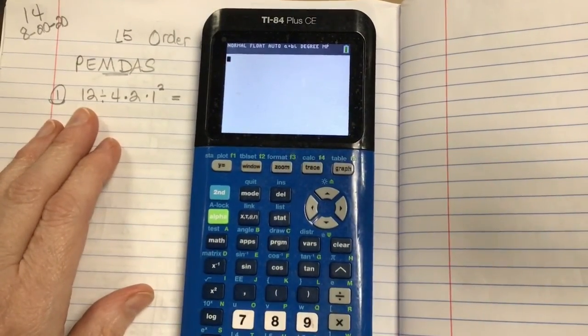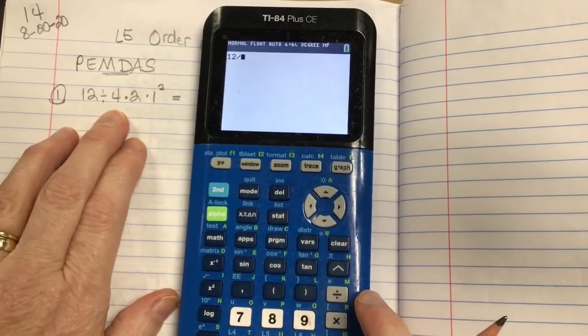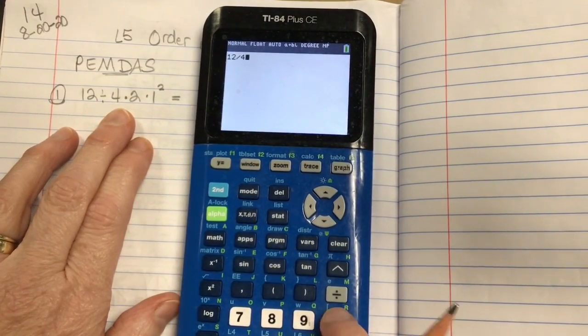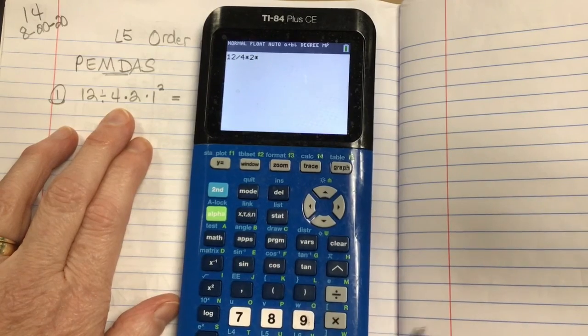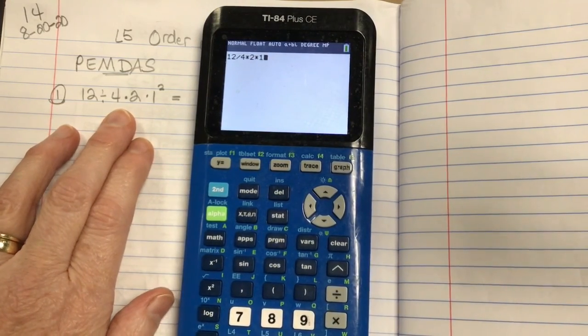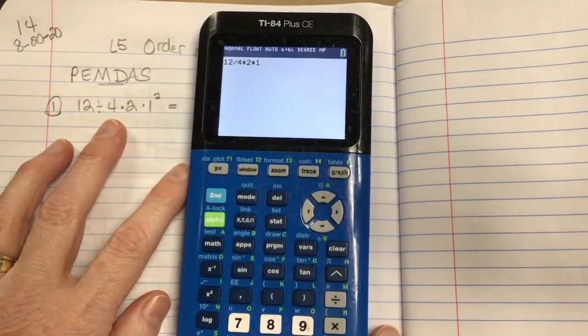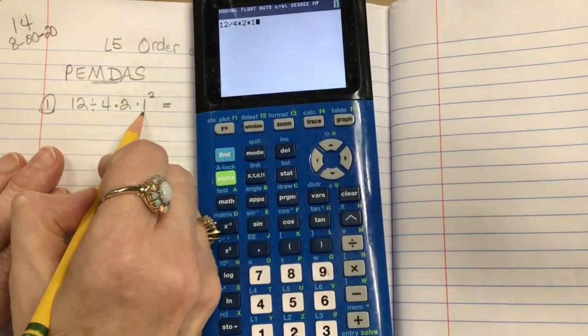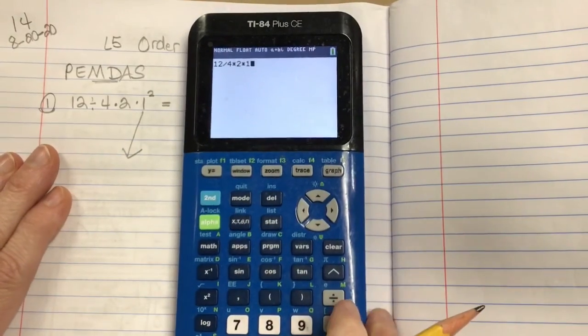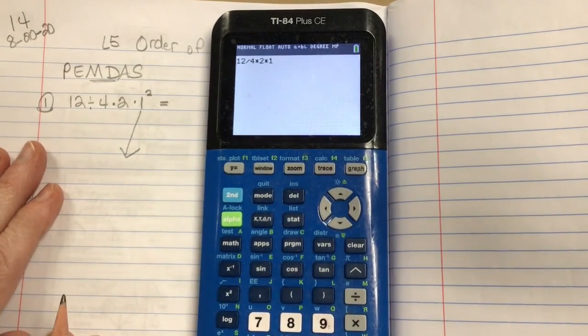Just type it like it says it. 12 divided by 4 times 2 times 1. Now, we know what 1 squared is, but let's pretend like it's a number we didn't know. How do we type 1 squared on our calculator? So we're especially interested in how do we type that. Everybody knows how to type all the other stuff. How do we type that?